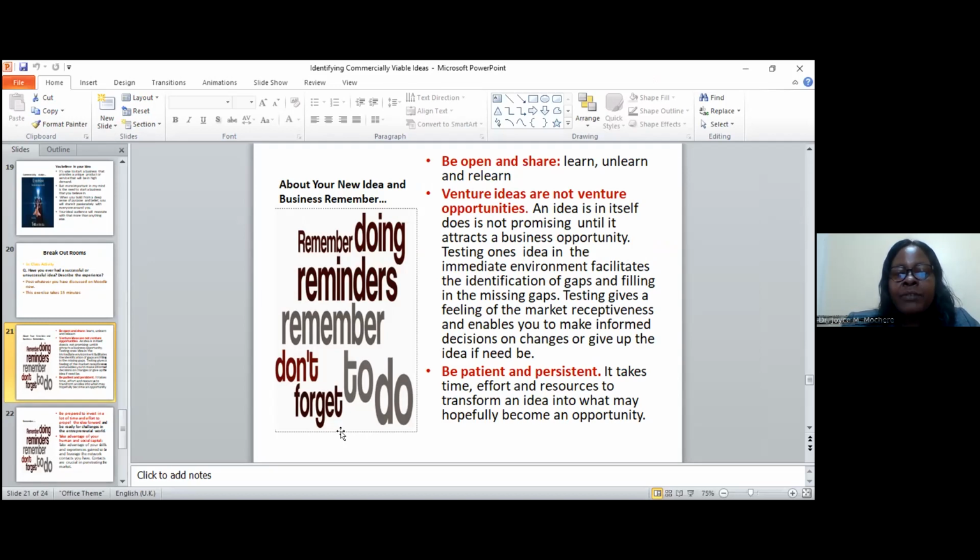Testing gives a feeling of the market receptiveness and enables you to make informed decisions on changes, or give up the idea if need be. So be patient and persistent in your journey, because it takes time, effort and resources to transform the idea that you have into what may hopefully become an opportunity.